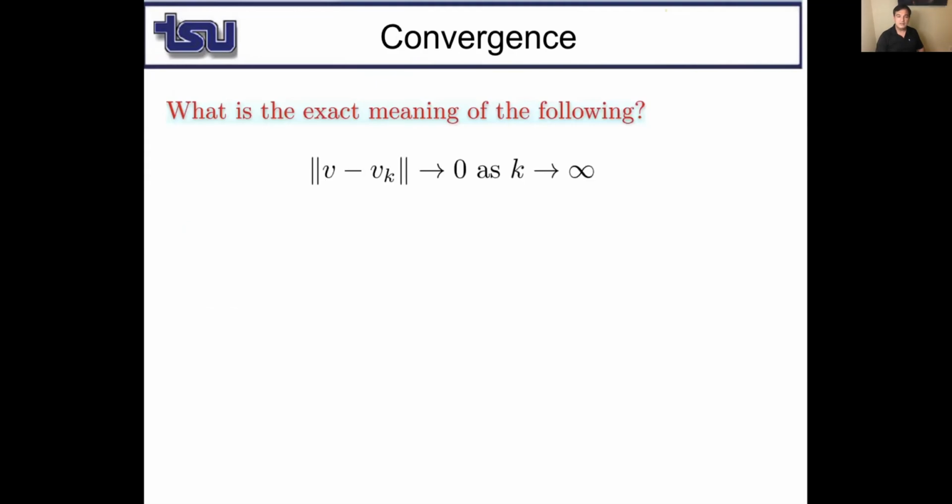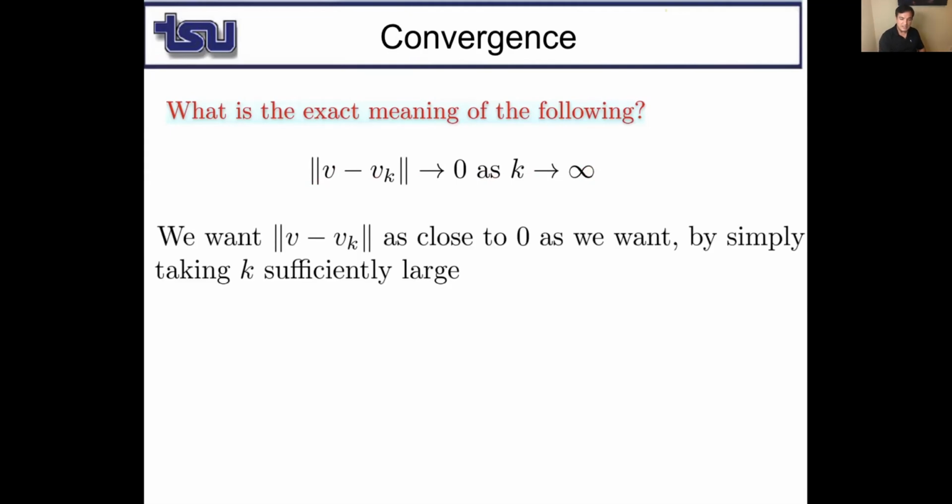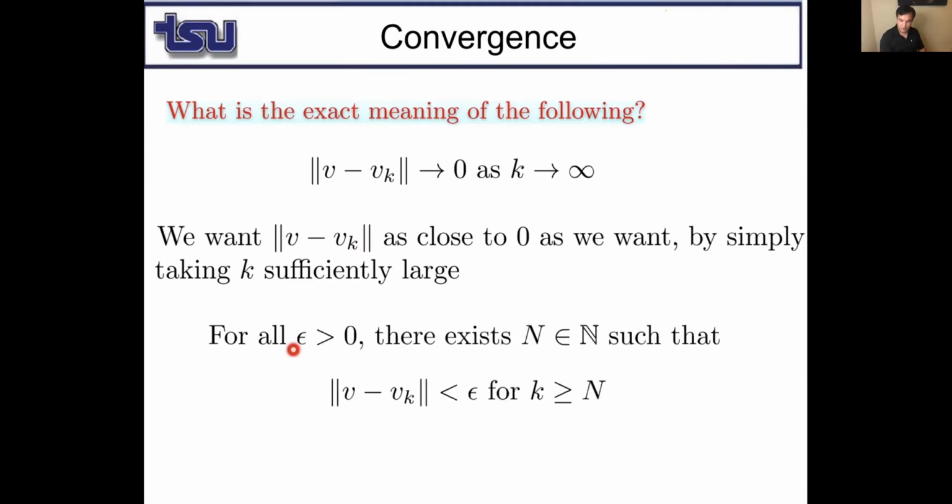So what does this mean? Basically, we want to make v minus v_k as close to 0 as we want by simply taking k sufficiently large. Pick any epsilon. As long as you pick k large enough, the difference between v_k and v in that particular norm will be less than that epsilon.